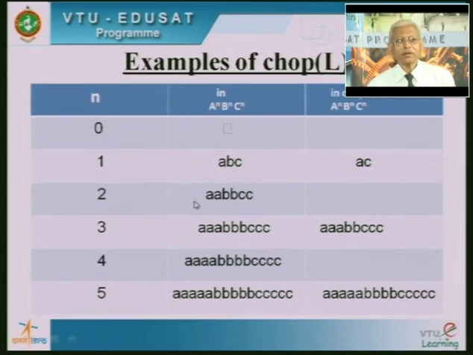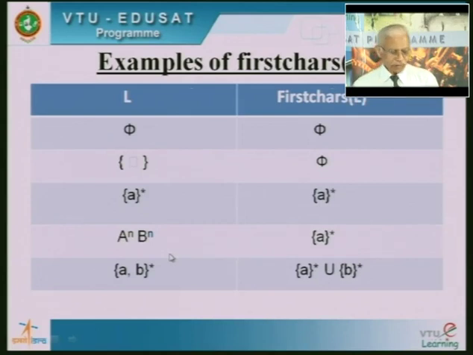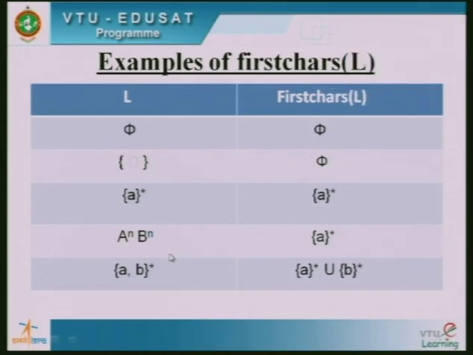It may look very funny why we are doing this, but later on when you apply this to infinite and finite languages, some very good results will come out of this. The example of first character: if phi is there, which as you know is an empty set, there are no characters in that, so obviously nothing can come.